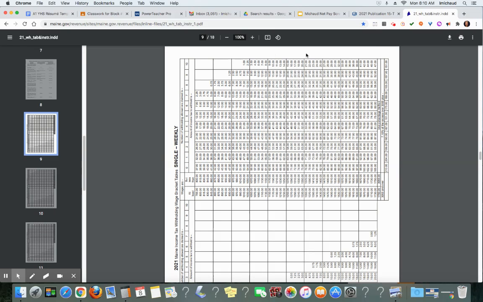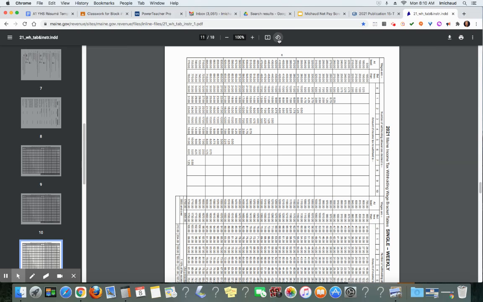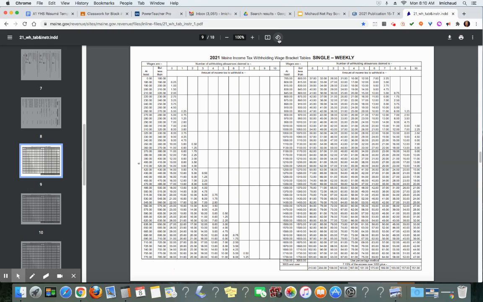You'll notice it's portrait here, but it needs to be landscape because the document itself is landscape. So let's rotate it. There we go. So we need to find the salary of $692. $692 is at least $680, but less than $695. And this person claims one withholding allowance.